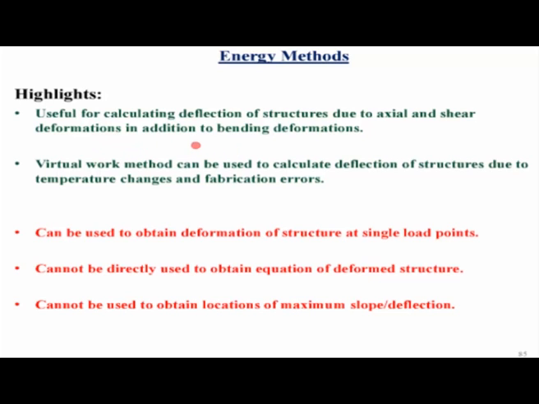So even though the virtual load as well as the external load is applied gradually, you don't get that half term for calculating the work done by the virtual load, or the internal strain energy due to the virtual load undergoing deformations under the actual load. So the load application is gradual, but the virtual load is first applied and then the external load is applied in the principle of virtual work.